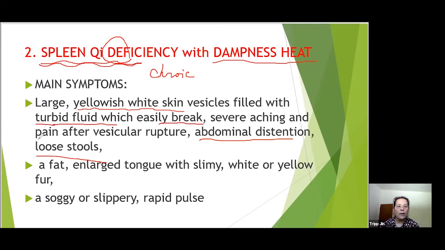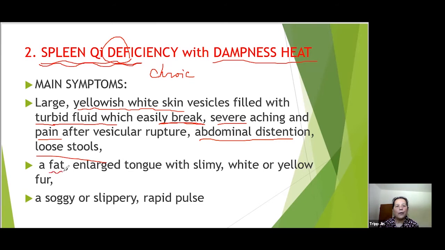They are still painful, and even more severe. So that's basically a combination. Patients generally have spleen deficiency syndrome. We say that's the pattern of spleen deficiency with stomach heat.